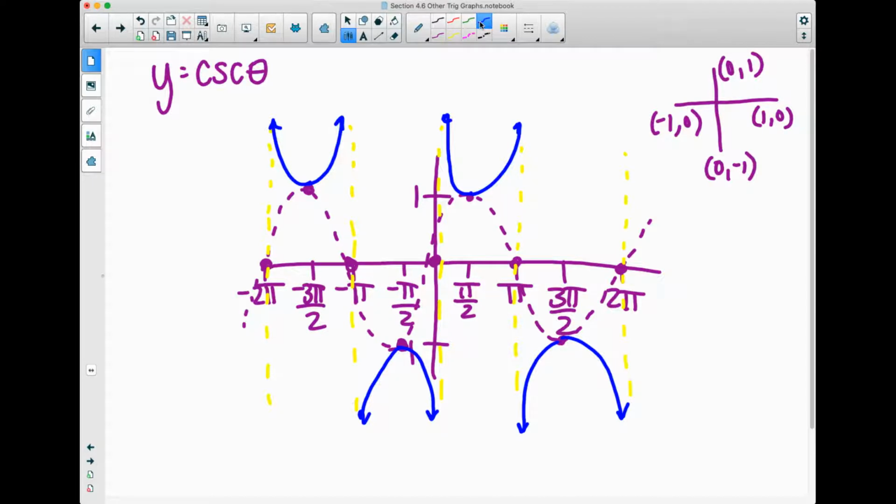It's all real numbers except for where? Pi, 2 pi. So literally every pi. So a way to say that is going to be pi times however many numbers I want to put next to it. And that means a variable. So I'm just going to call it pi k.